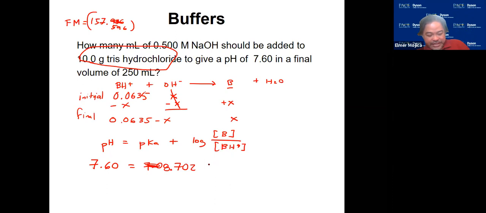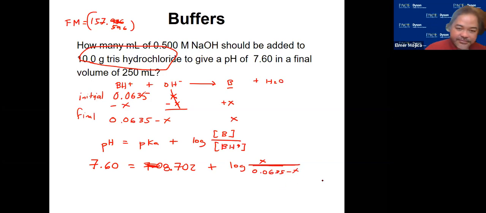So we have here log of x over 0.0635 minus x. So analyze, because if you have this in your take-home exam, you might be worried at first, oh, how do we set it up?